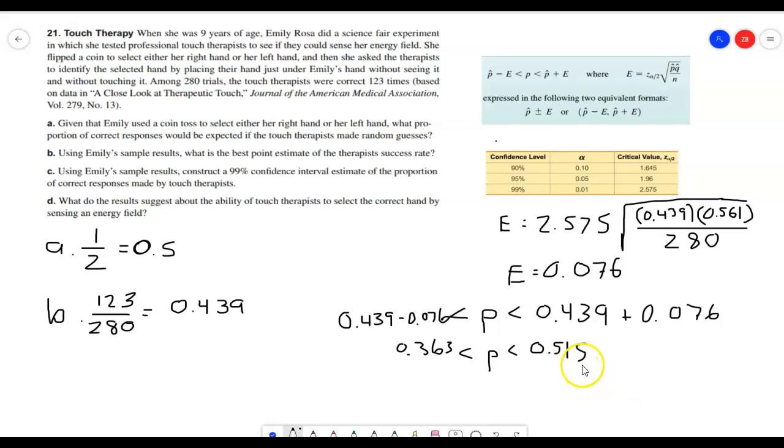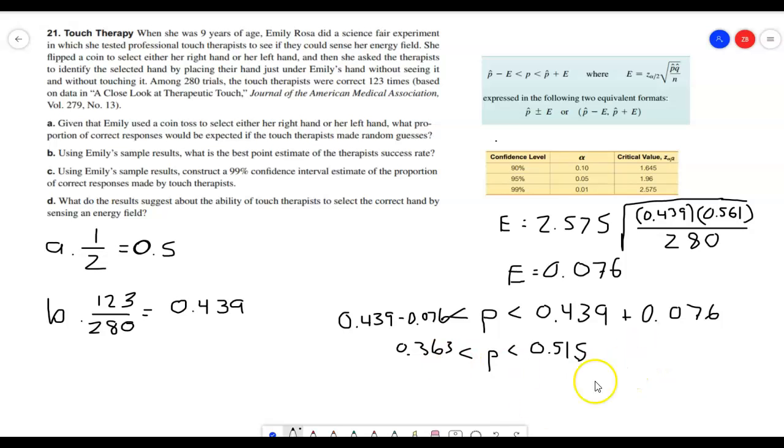So we're saying that we're 99% confident that the true population proportion of these touch therapists that can correctly sense the correct hand is somewhere between about 36% and about 51%.